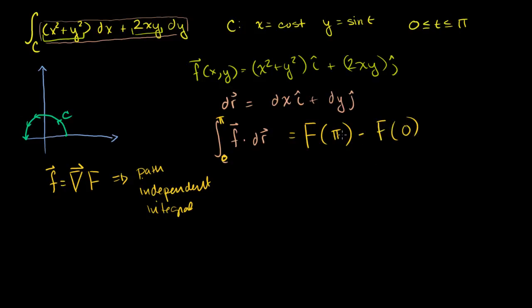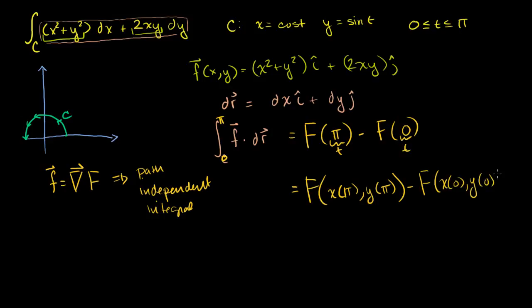Or if we want to write it in terms of x and y, because F is going to be a function of x and y, these right here are t's. We could also write that this is equal to F of x of pi, y of pi, minus F of x of 0, y of 0.